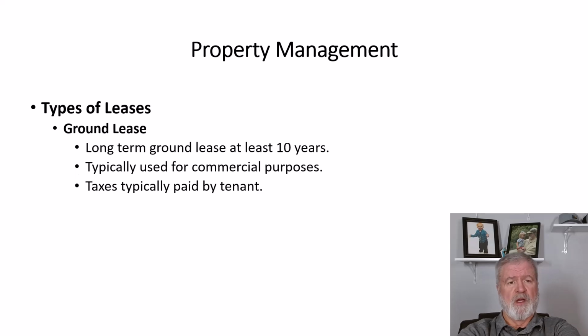Okay. And then, the last type of lease we're going to talk about here is something called a ground lease. The ground lease, well, first of all, is pretty much what it sounds like. You're just leasing dirt, the ground. But these are typically long-term leases, typically at least 10 years. I think probably the more common number is closer to 50 years. But they're normally at least 10 years.